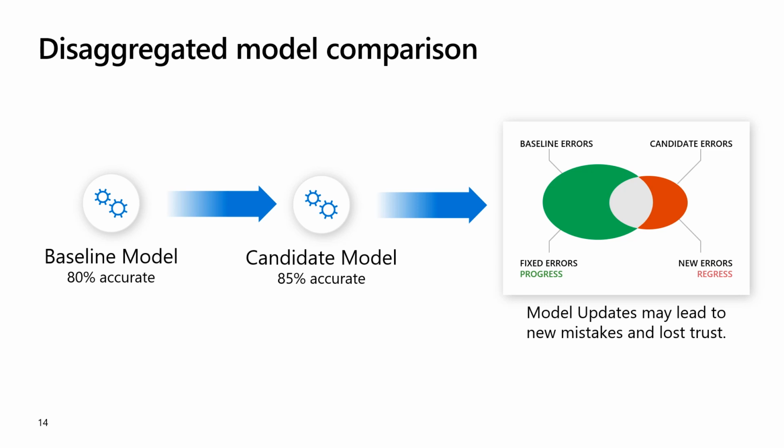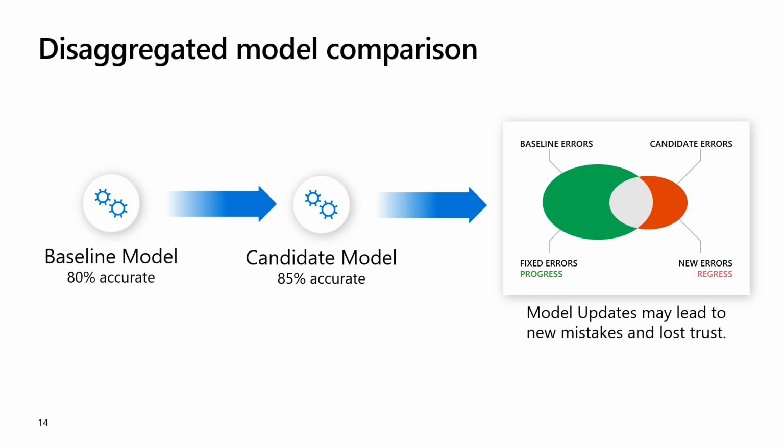However, if we visualize model performance in the form of a Venn diagram, where we intersect together the errors of the old baseline model with the new candidate model, we may notice that while some errors get fixed in the new model, the green region in this diagram, in other cases, new errors get introduced in the red region of this diagram.